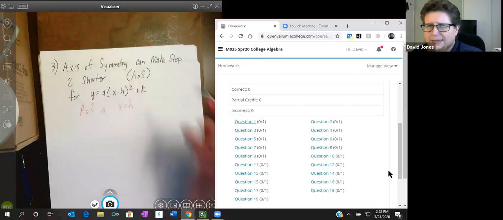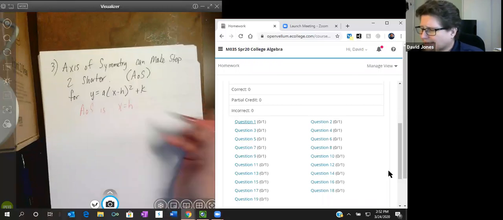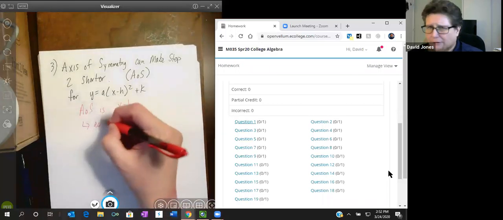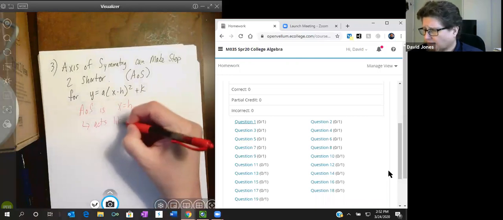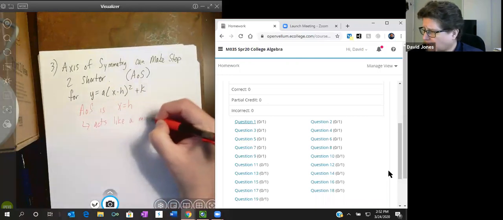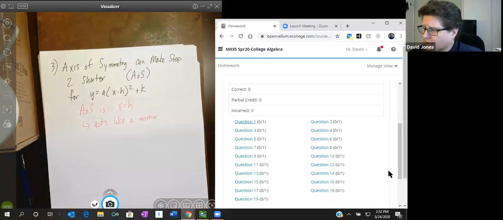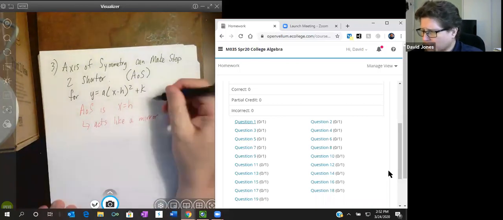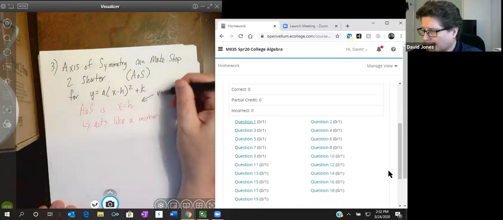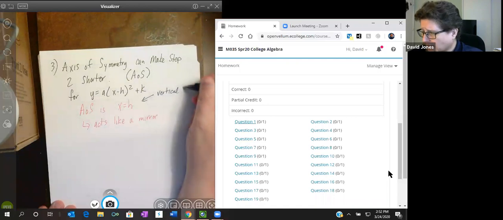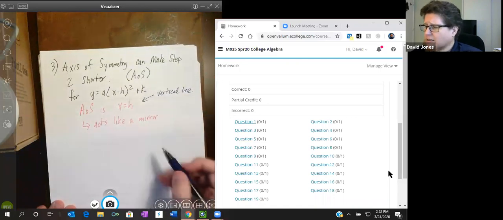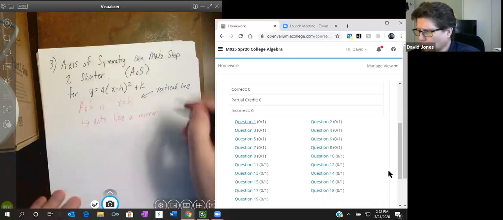What this does is x equals h, it acts like a mirror. And recall, when we have x equals a number, this is a vertical line. So it's a vertical mirror.